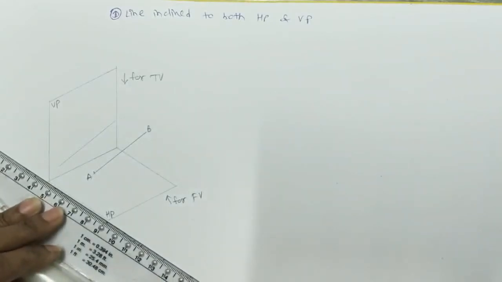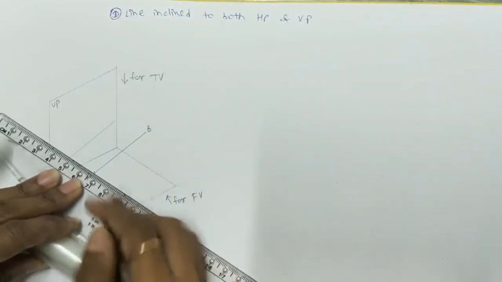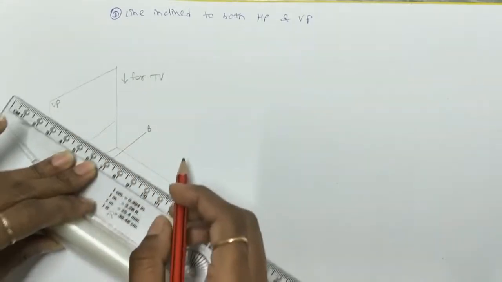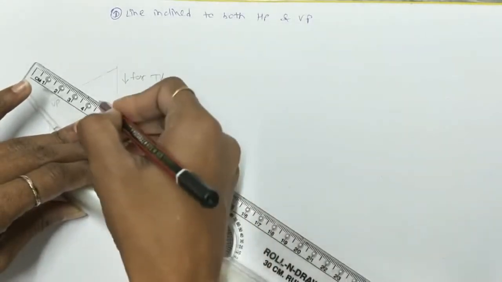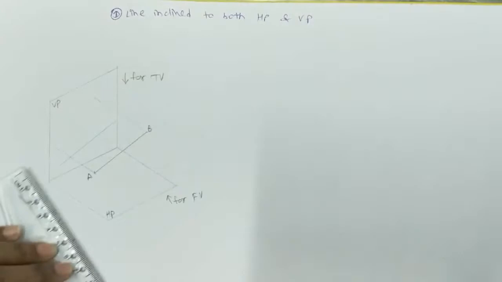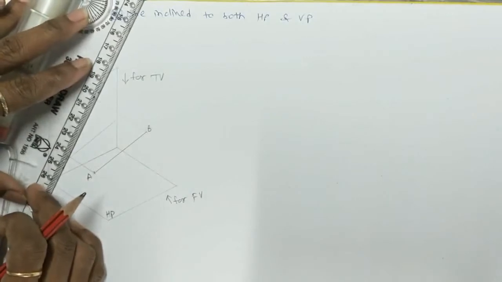Take projections from points A and B and draw a line.